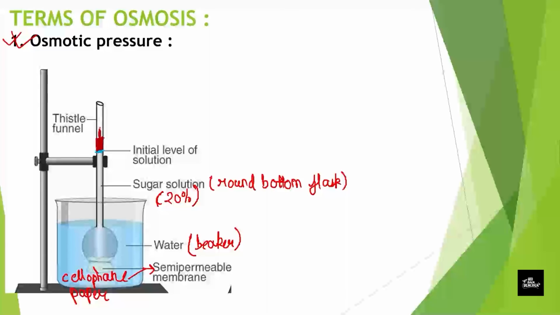And then the piston has a neck like this, which comes out of the thistle funnel. Let me just do this portion again. Yes, okay. And then at the top, the piston holds a weight.